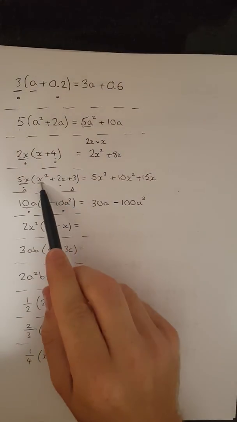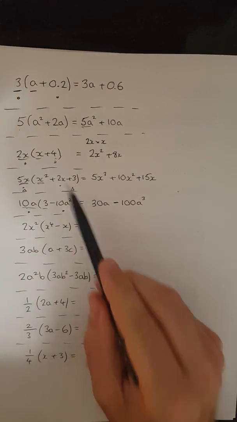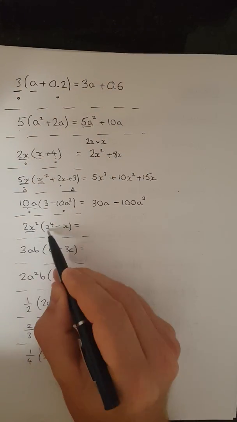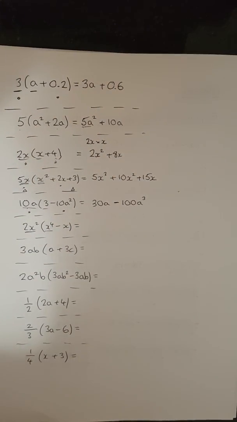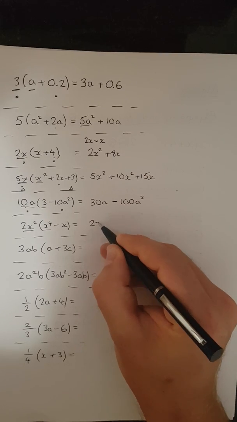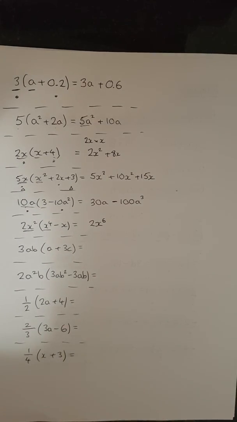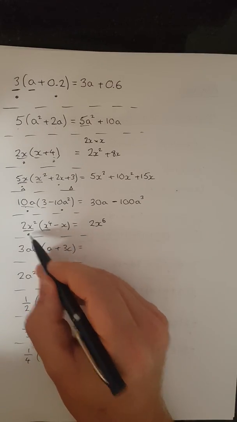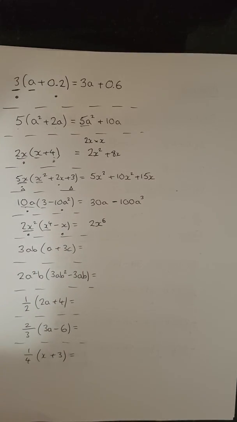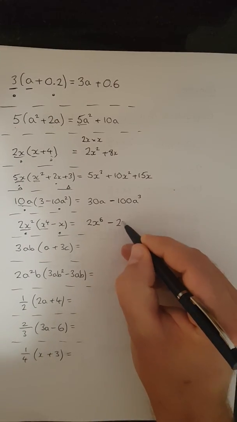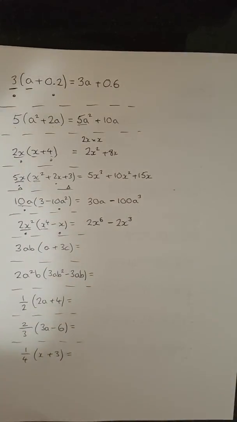And we've checked what happens when there are three terms inside, and we've checked that we can have higher powers. Speaking of higher powers, that's 2x to the power of 6. Minus 2x cubed.